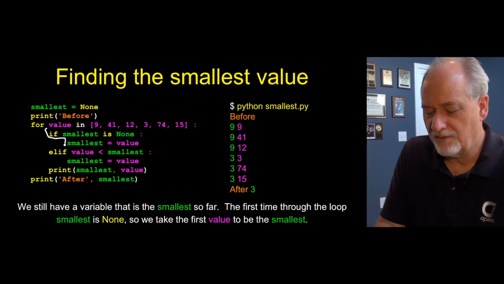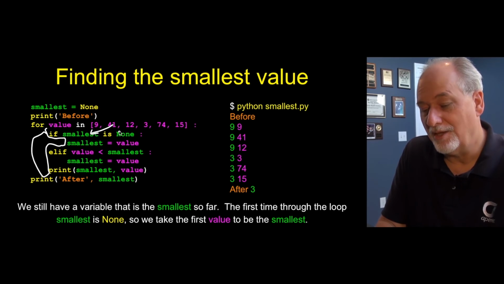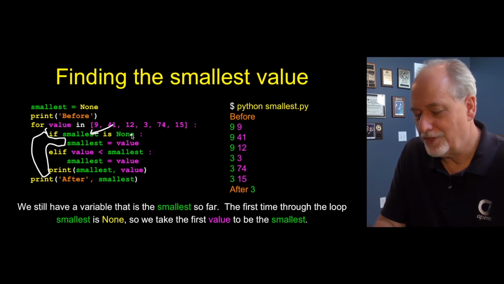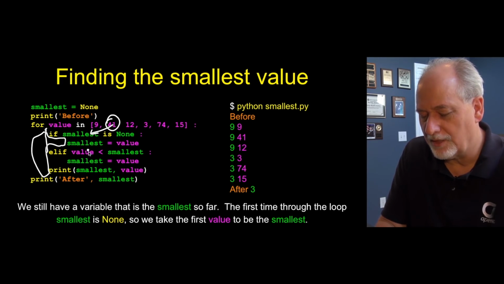Smallest is the value, and then we print it, and we go back up, and now it runs again with 41. 41 is not None. There's only one thing that's None. So smallest is not equal to None, or smallest is not None. So this is false, so it skips over here. Then it asks the question, is the value we're looking at, 41, less than smallest?